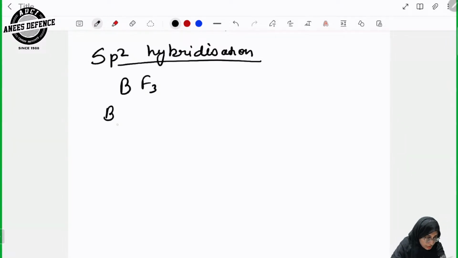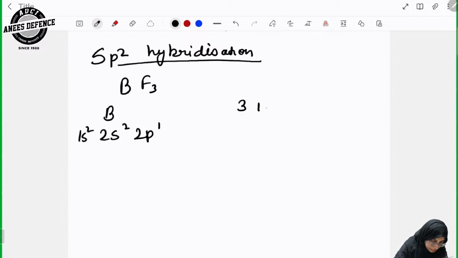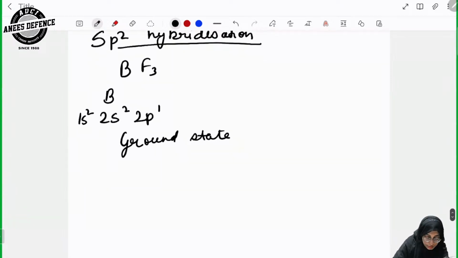The electronic configuration of boron is 1s2 2s2 2p1, and here we have three fluorine atoms. In the ground state, we will show the configuration; 1s is not needed, I will show the 2s and 2p.